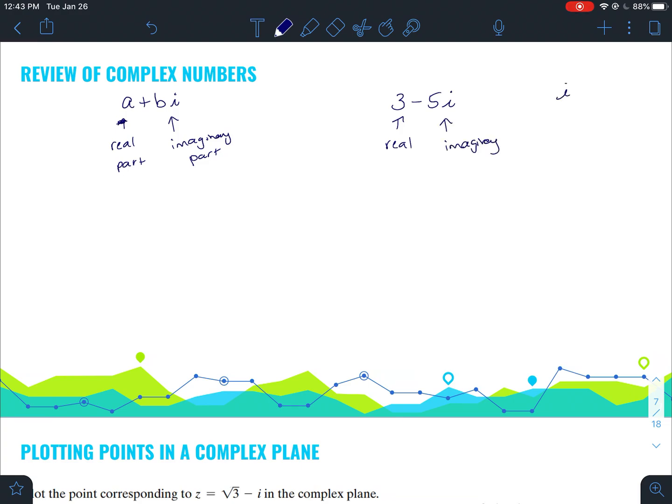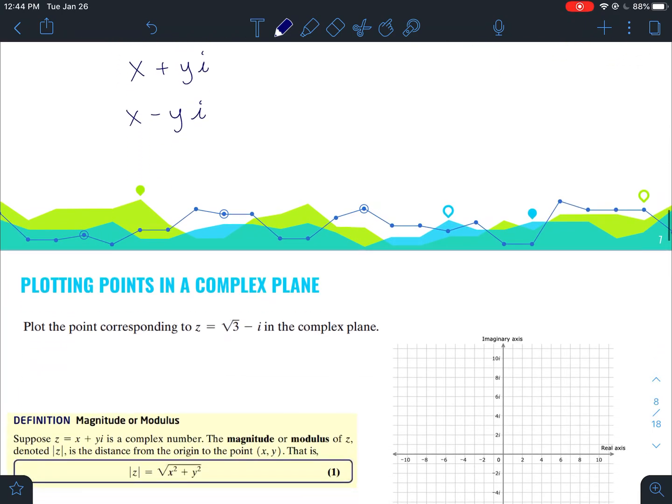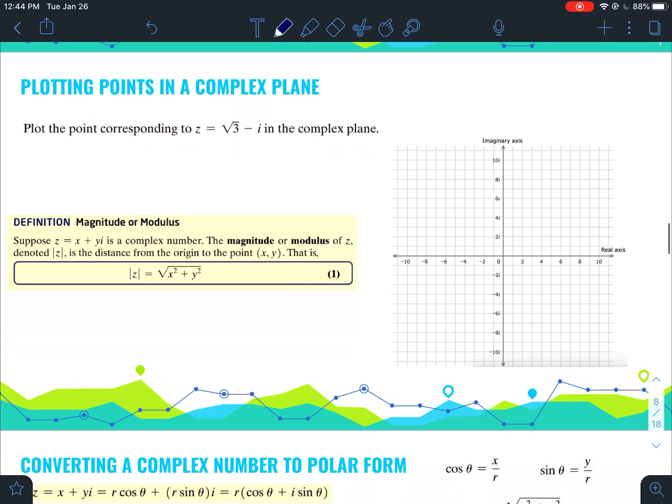And remember, i is your imaginary number, which is the square root of negative 1, and i squared is negative 1. I believe in this book, instead of a plus bi, they do x plus yi. So the x is the real part and the yi is the imaginary part, or you could do x minus yi.